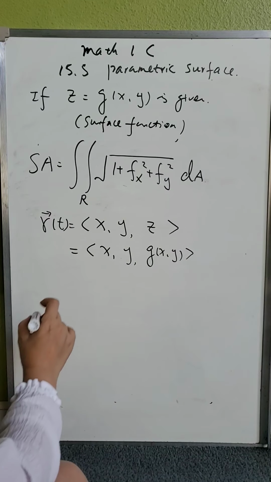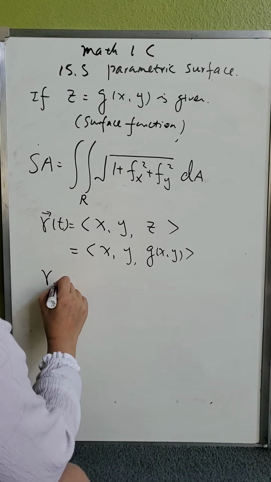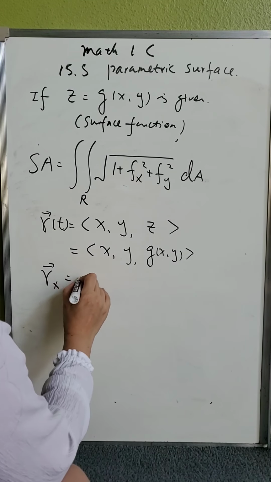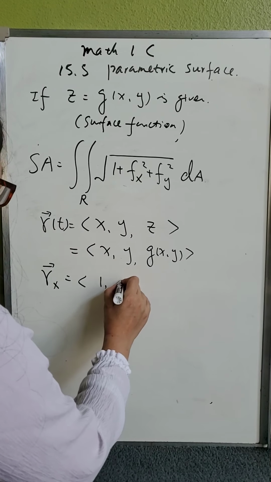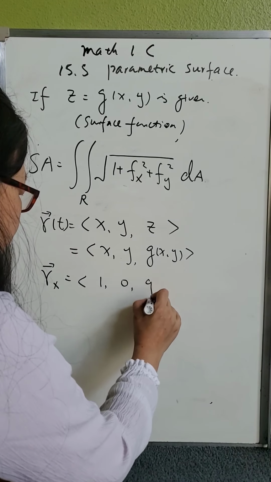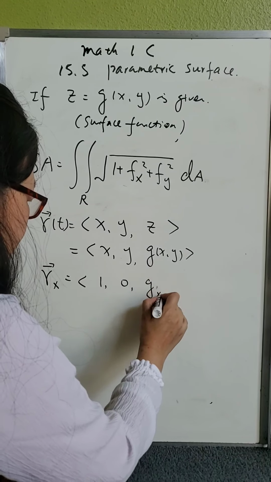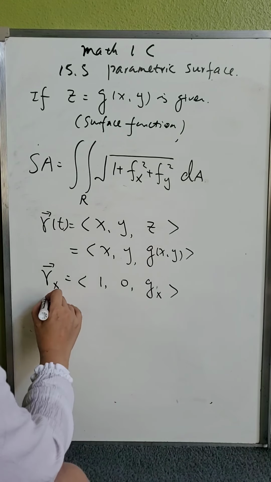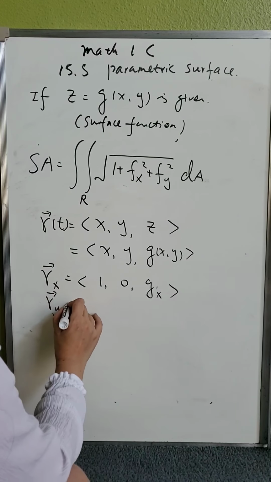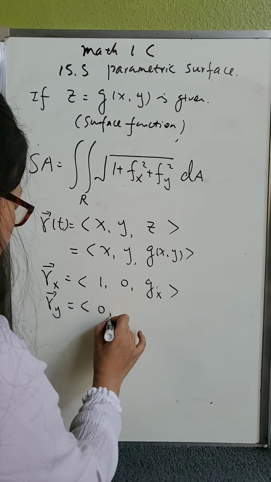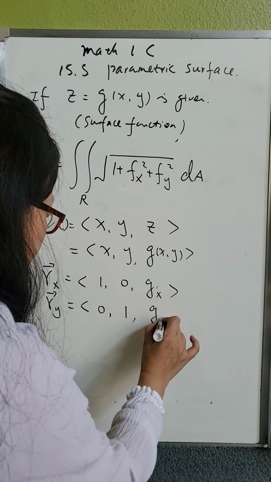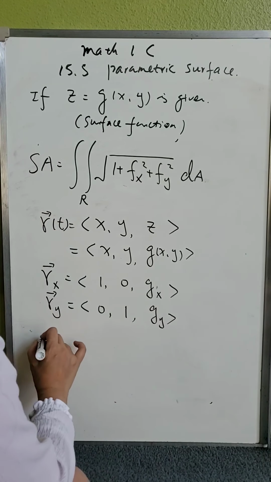Okay, and then now you're going to take Rx. If I take Rx, this is 1, 0, and then Gx. Okay, and then I take Ry, 0, 1, Gy. And then I take the cross product.